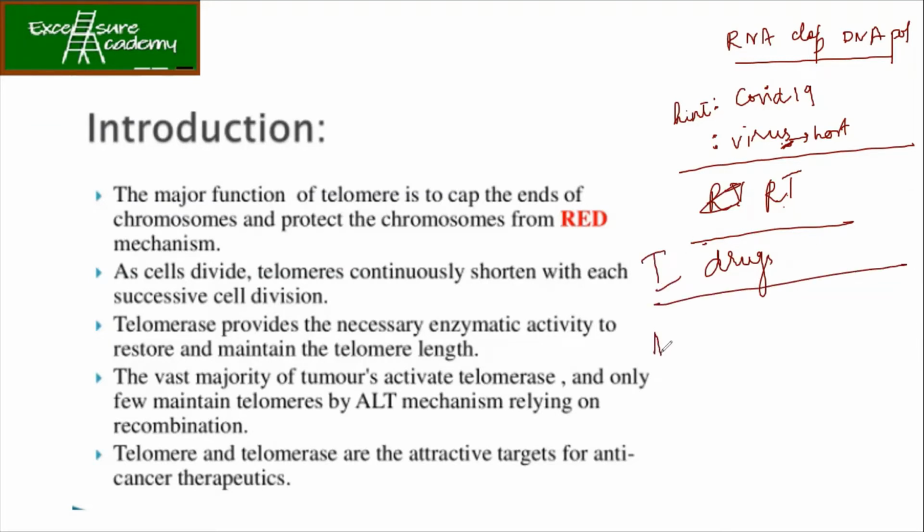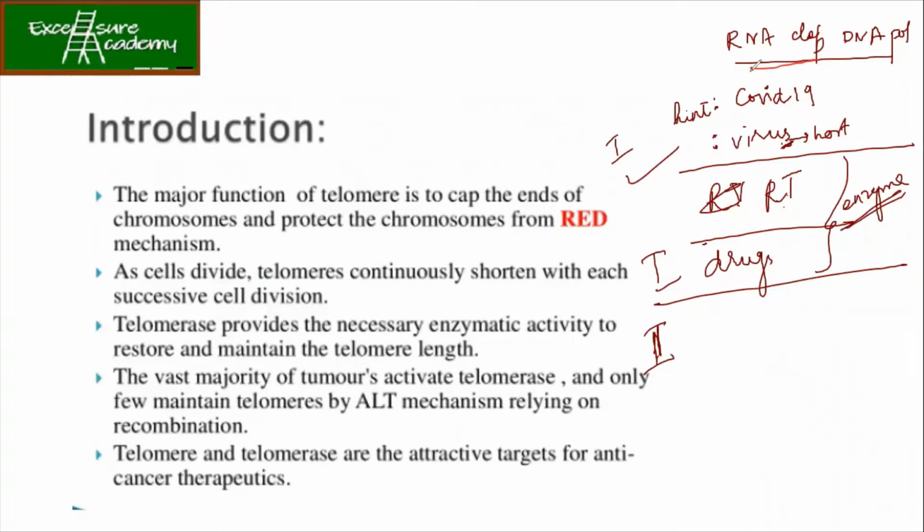Now, what will be the second mechanism you can think of? This is one, where you are targeting the catalytic enzyme component of the telomerase. One is done. What about the second mechanism? Think more.